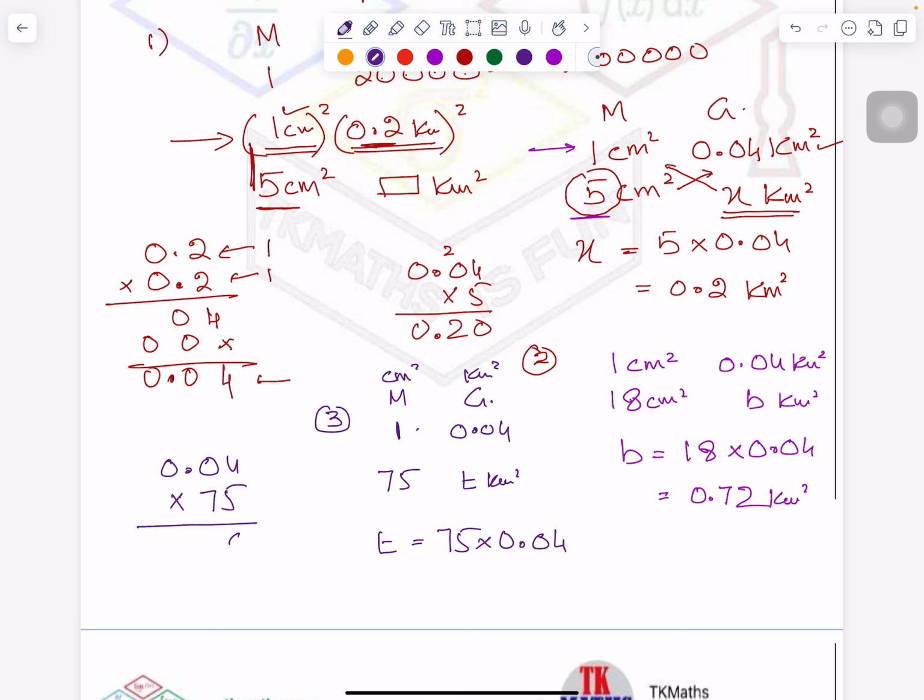5 4s are 20, 5 zeros are 0 plus 2, 5 zeros are 0. 7 4s are 28. What did you get? Decimal is after 2 digits, so it will be here, right?